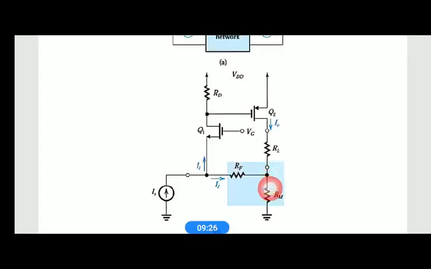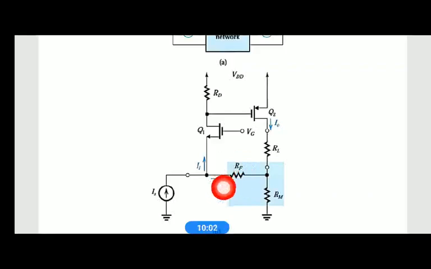So since the voltage here at this point is reduced, the potential difference between these is increased. This point has more potential compared to this, because the voltage here is reduced, hence more current will flow here. So therefore IF is increased, right?